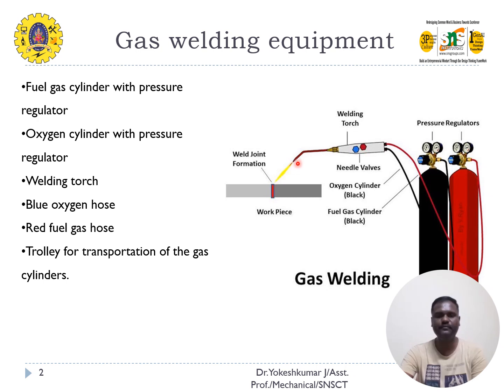At the end of the welding torch, we have a nozzle where the high pressure mixed gas is expanded, and the flame is generated in the nozzle. Then finally we have a trolley, which is used to transport this setup to various locations in a factory or other different locations.